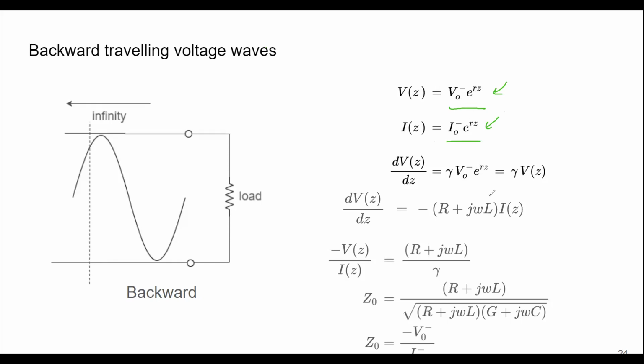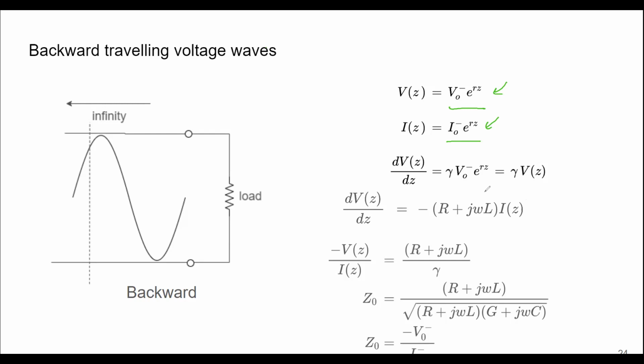Those parameters we are trying to replace by gamma, right? So gamma is a constant which gives us the relationship between gamma and the R, L, G and C of the transmission line circuit.